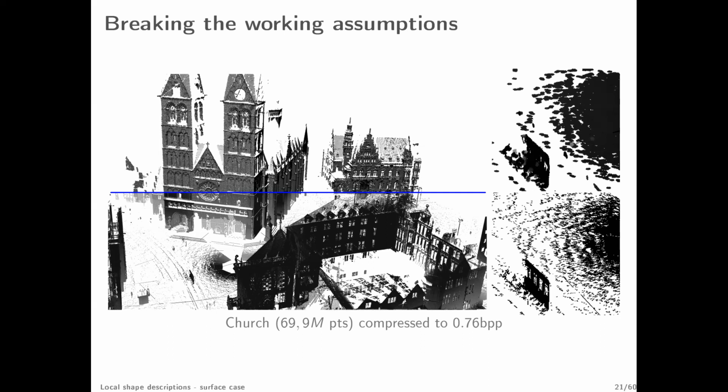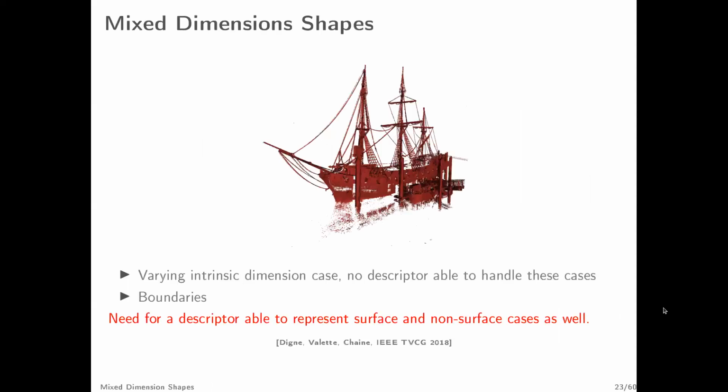So sometimes assuming that you always have a surface is not the right way to go, and you would need something a little better. And that's what I call mixed dimension shapes. The best way to look at that is to look at this boat. This boat is a shape, it's a set of surfaces. If you had an infinite precision laser scanner, you would see that the riggings are actually surfaces.